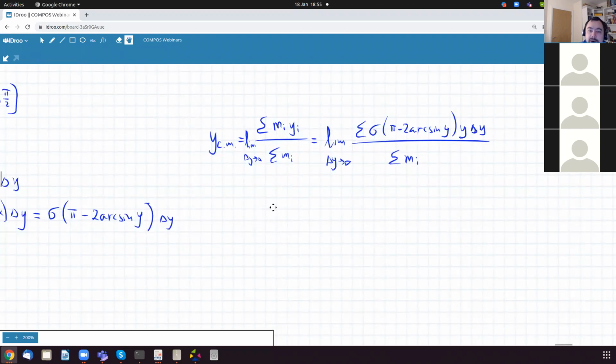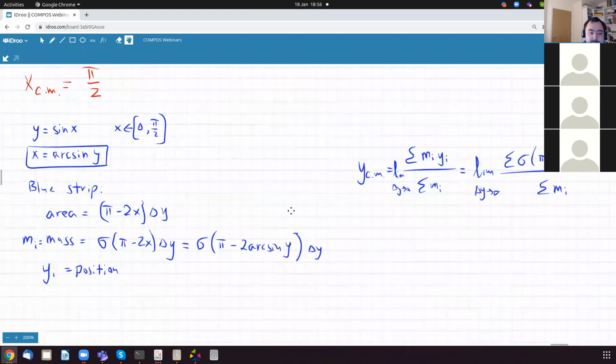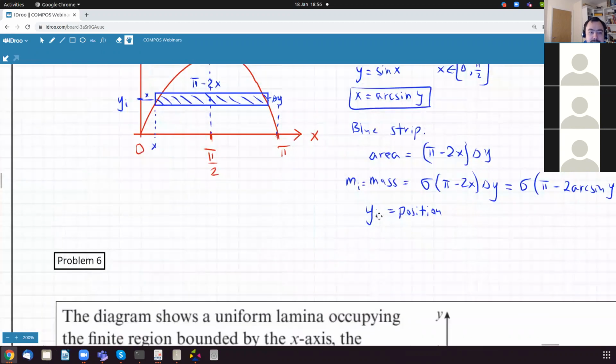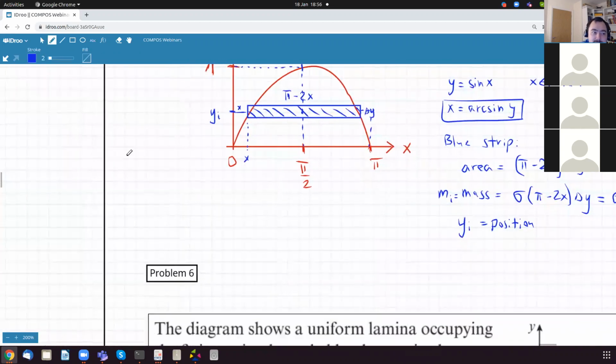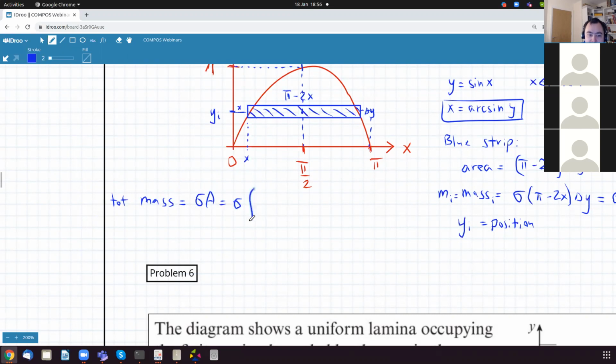So to find the sum of mi, to find the mass of the whole thing, we need the area. The mass is sigma times the area, and the area is the integral from 0 to pi of sine x dx.